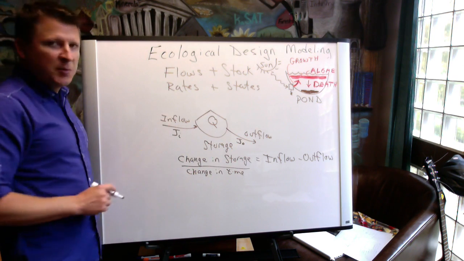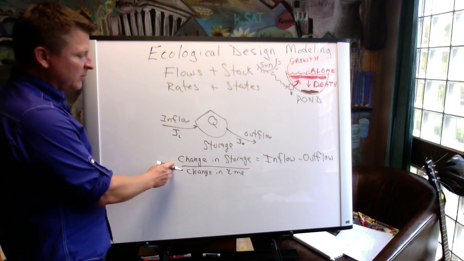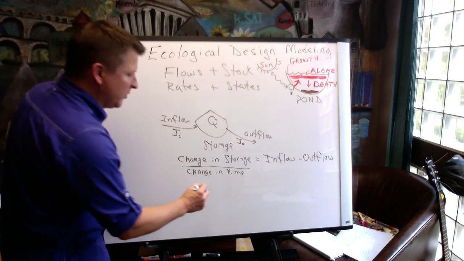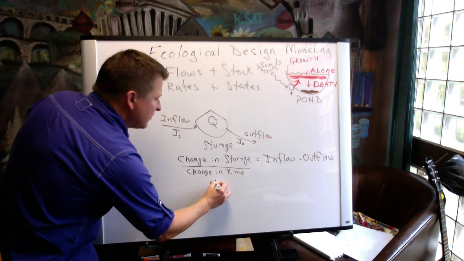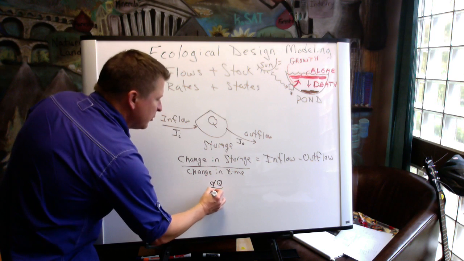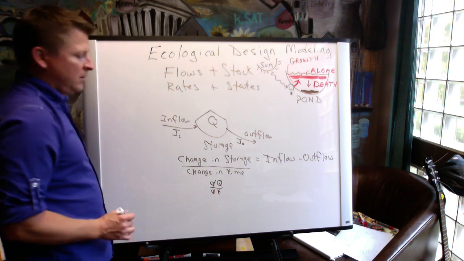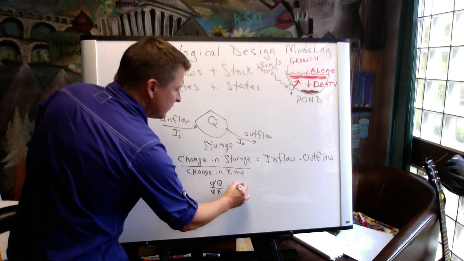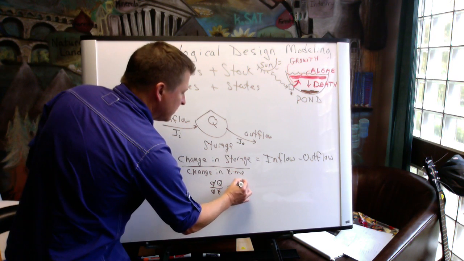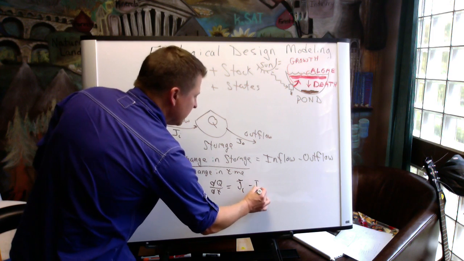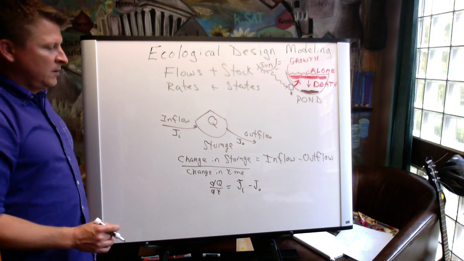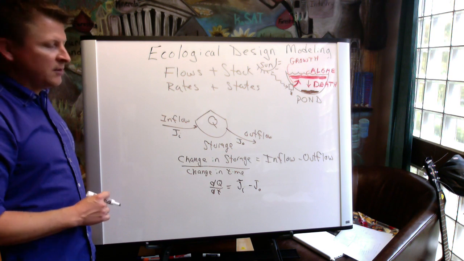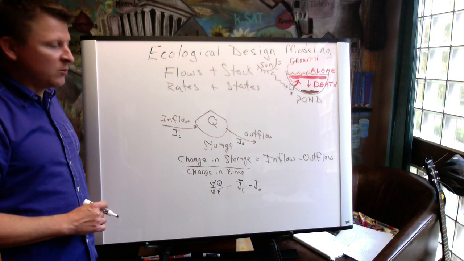And then we have our storage represented by Q. So now we can use notation to rewrite our word equation, so that the small change, lowercase d, per change in time, dQ/dt, equals J_I minus J_O.